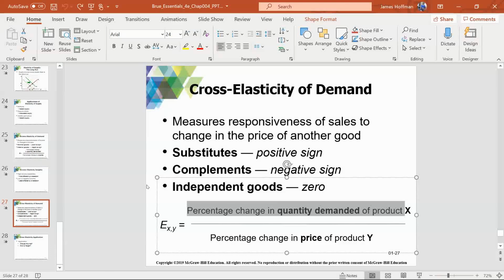Okay, and again, the size of this, or the calculation would help firms when they see how customers behave.